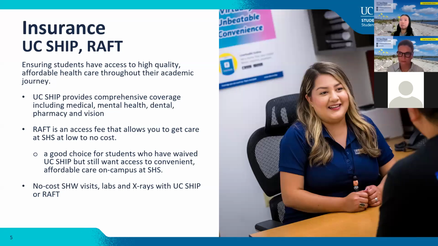It includes medical, behavioral health, pharmacy, dental, and vision care benefits all available to you. But if you choose to waive out of UC SHIP, RAFT is a great supplement to your insurance plan. You can receive care at Student Health for very low to no cost with the RAFT access fee. RAFT costs $75 per quarter and is automatically billed to your student account.